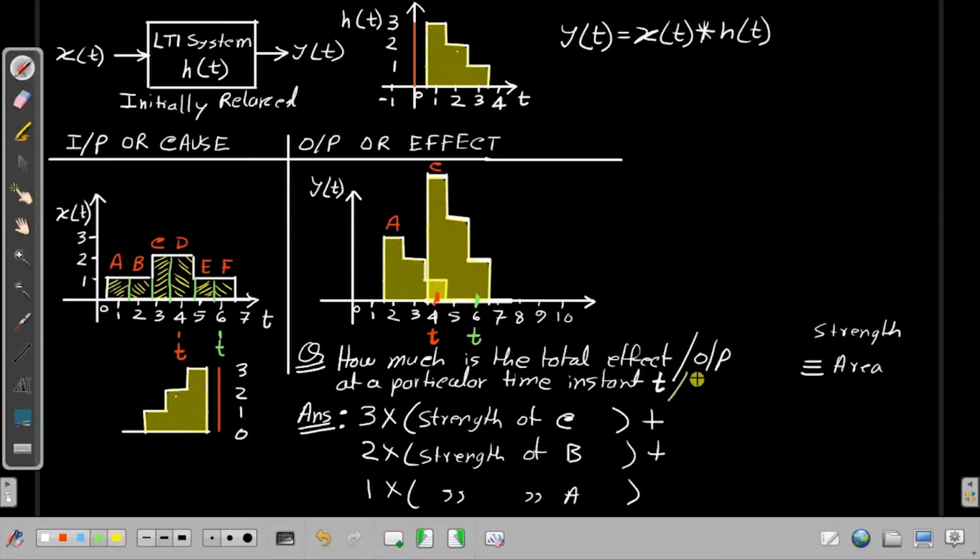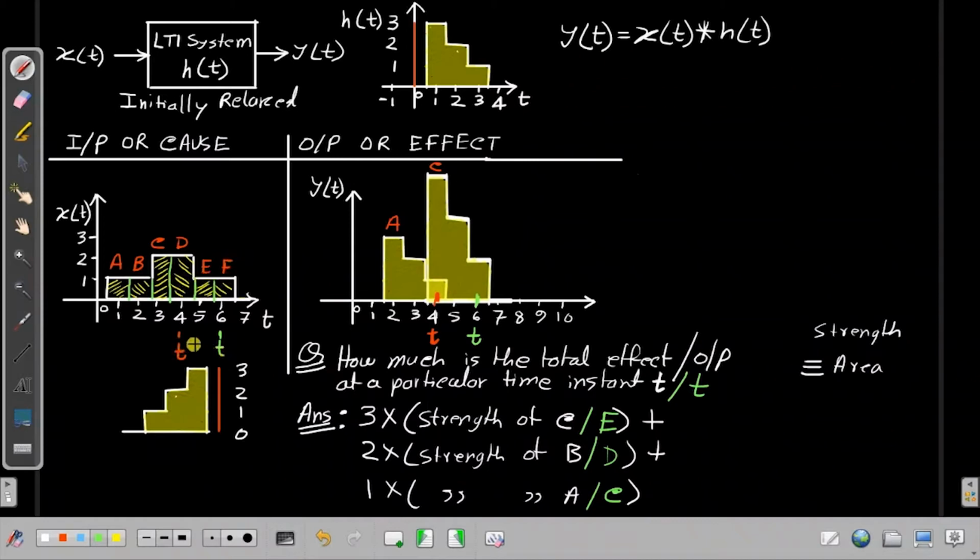So for this new time instant, the total effect will be 3 multiplied by E, then 2 multiplied by D, and 1 multiplied by C. So this is how we aggregate or accumulate the effect for all different slices of the input.